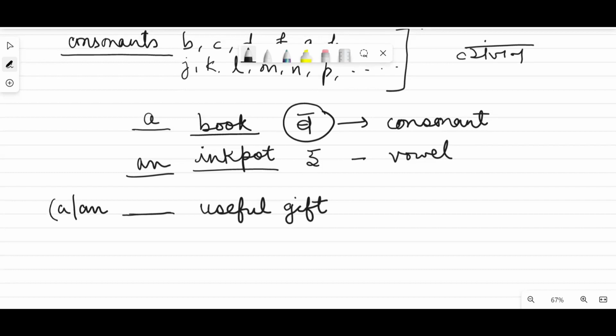A useful gift. A useful gift. Why? Useful, the word is beginning with the sound yu, and yu is not a vowel sound, it is a consonant sound, right? And for example, if we are given R, we have to use a or an before R. So what would it be there?